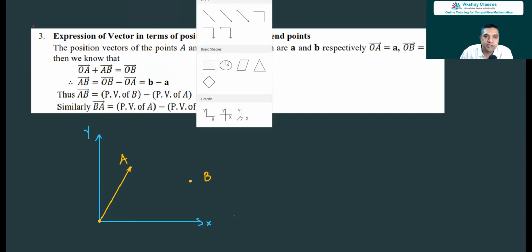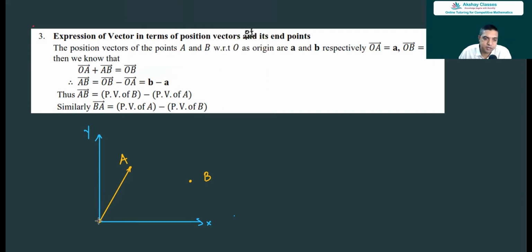And this is the position vector of B. So a position vector is the vector joining the origin to the point. Now I want the vector AB. I want this vector, vector AB.